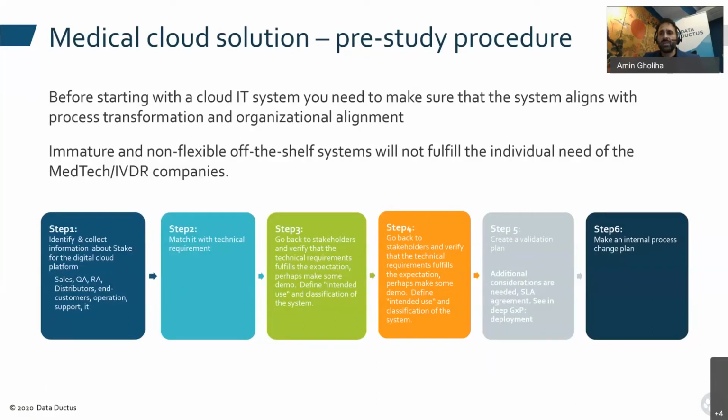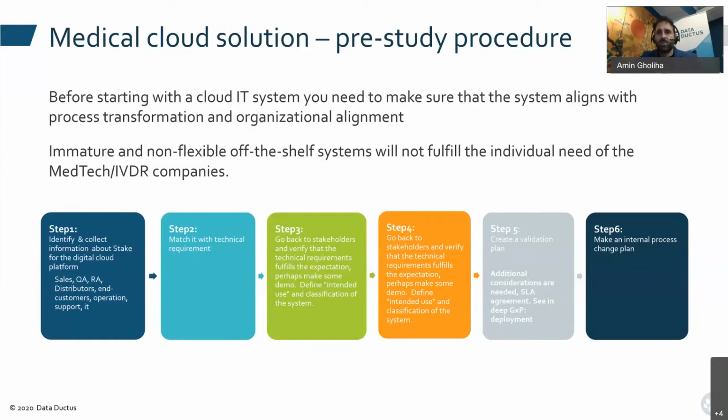This means that you need to have a suite of technical requirements that you know you can validate and implement, and you should be able to create mock-ups or quick demos for your internal people, and really nail down the intended use and classification of the system. This is very important.